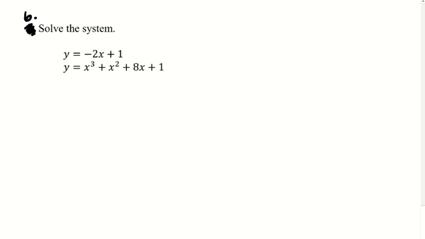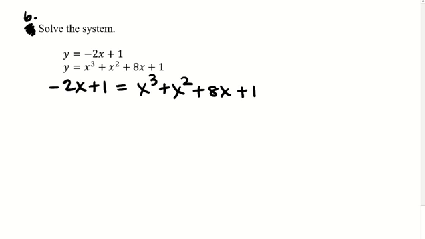Last one I've got for y'all is just a nonlinear system, kind of like we've been doing before. And I'm trying to remember what the deal with this one was, but let's just look at it. Okay, so if I have y in both equations, I might as well substitute on y. So I'll say negative 2x plus 1 is equal to x to the third, x squared, 8x, and 1.